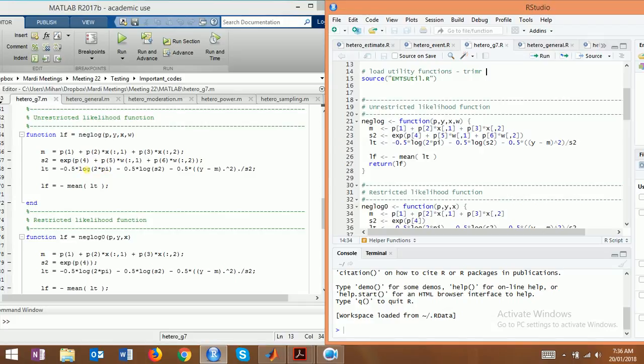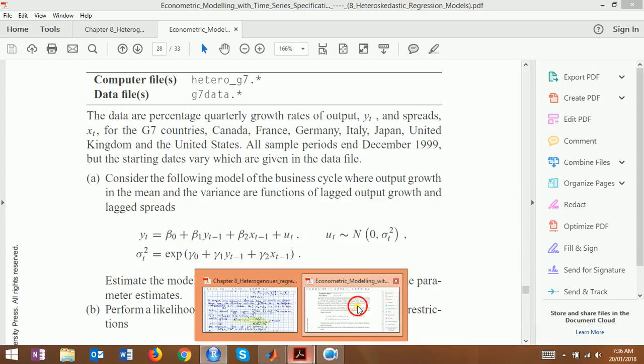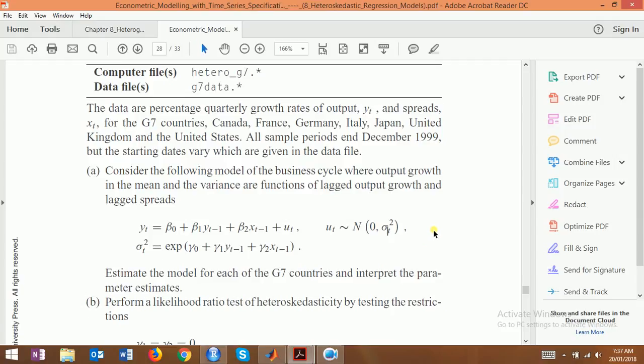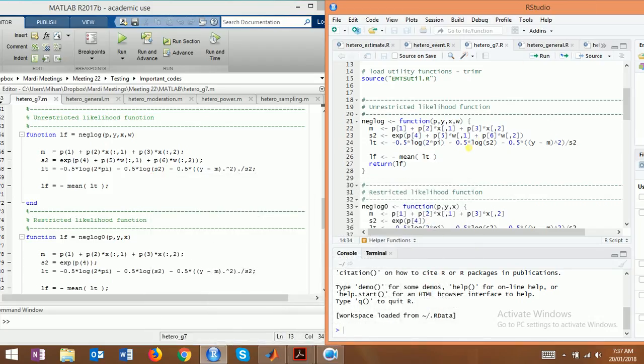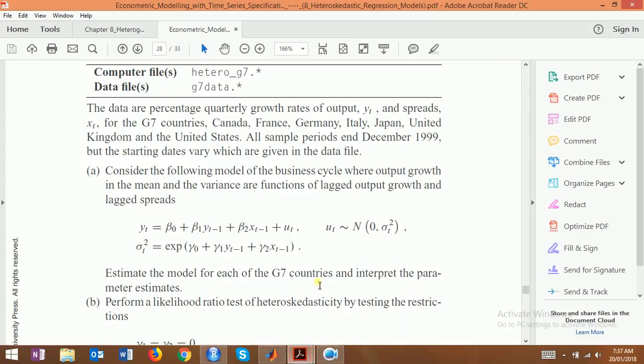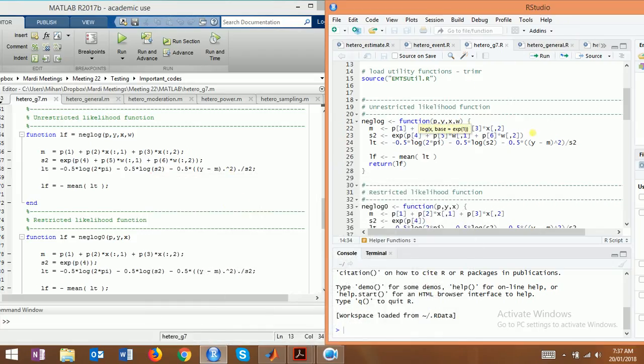p4 is the exponential of gamma naught, gamma 1, all rows in the first column. Gamma 1, I think it will be simulated. Omega, if not given, will be simulated. So omega, probably this is exogenous as well. p6, all rows in the second column. Yeah. So these are all the unknown parameters.